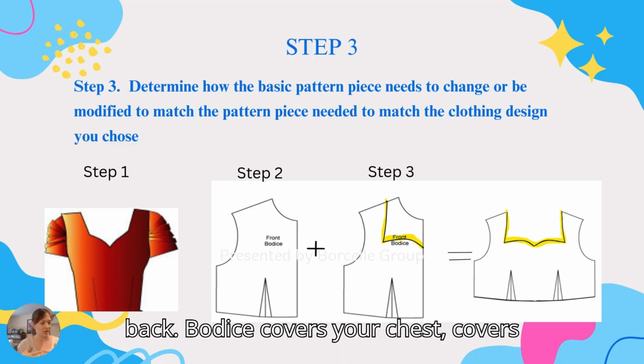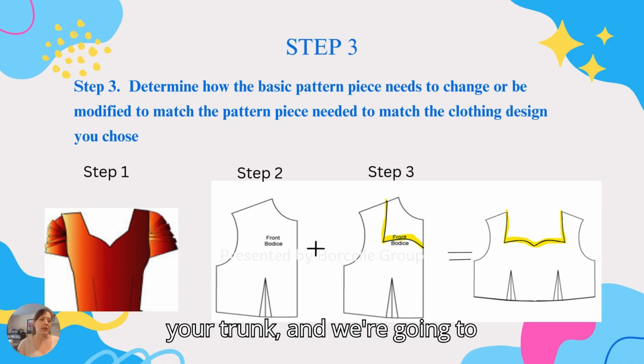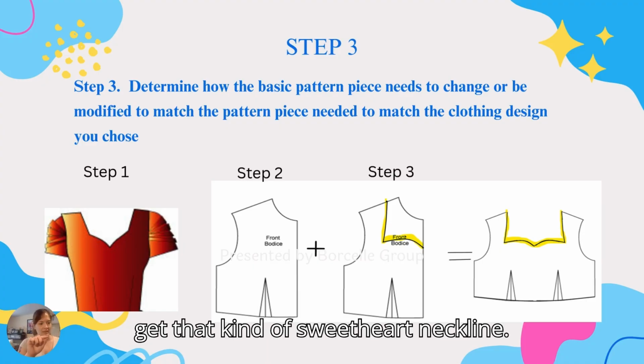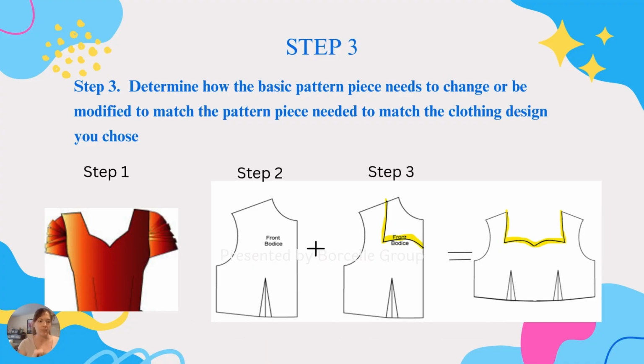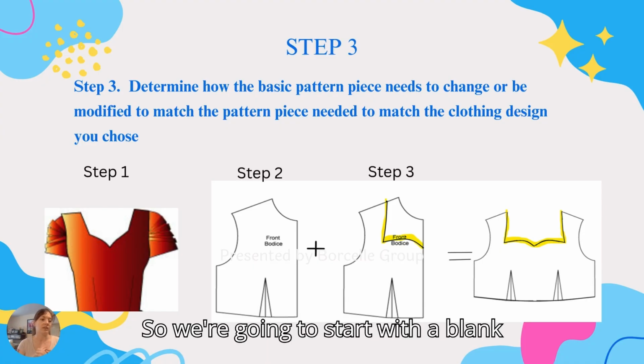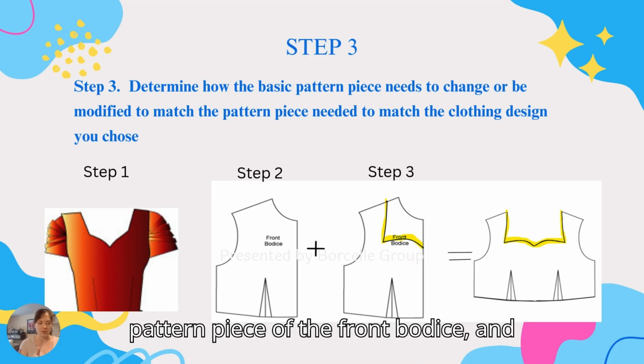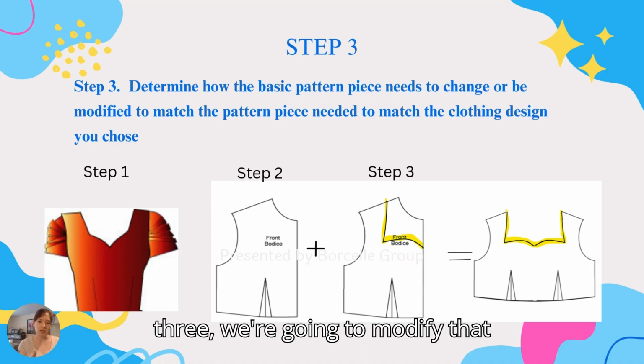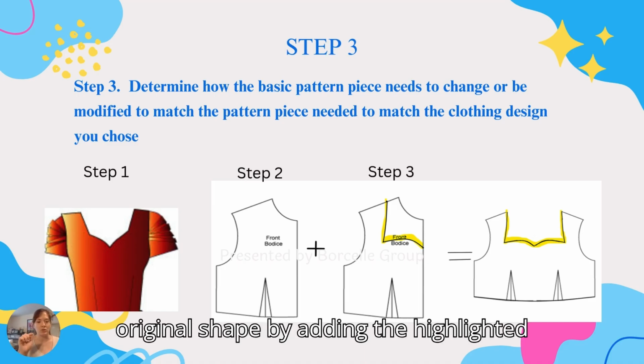Bodice covers your chest, covers your trunk. And we're going to add specific drafting lines so that we get that kind of sweetheart neckline. So we're going to start with a blank pattern piece of the front bodice, and that's what we're going to modify. Step 3, we're going to modify that original shape by adding the highlighted lines.